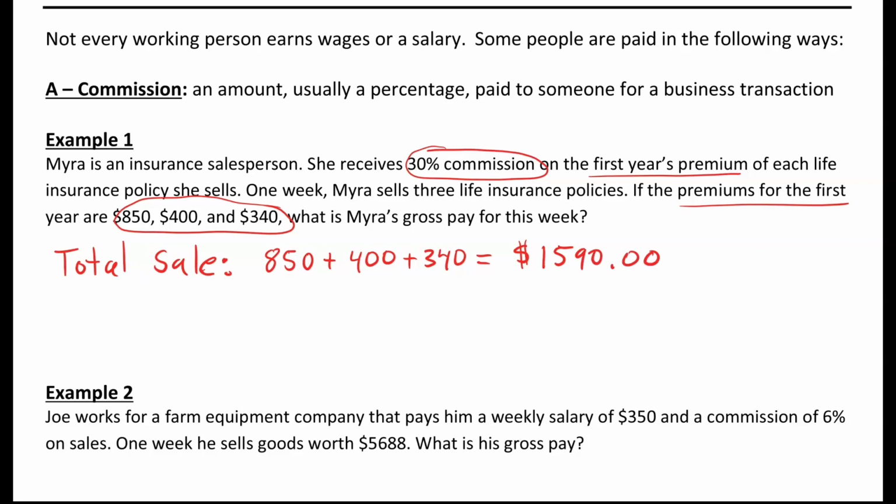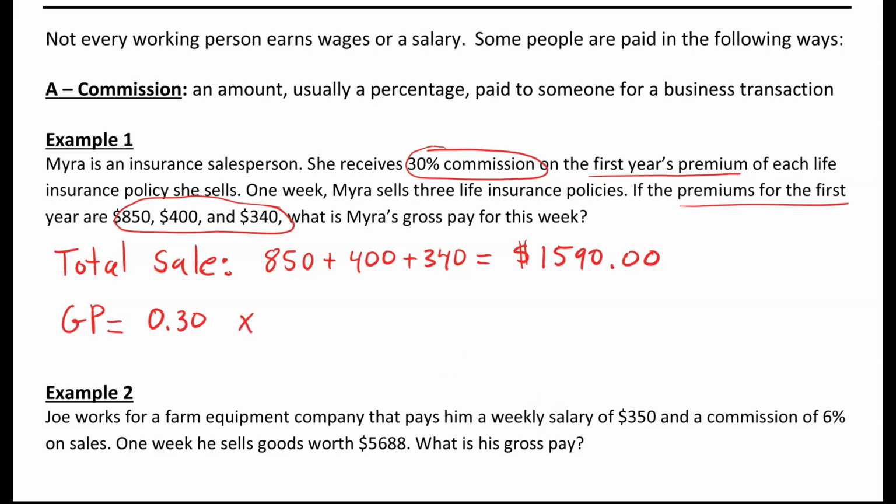The next thing that we need to do is calculate the gross pay based off of a 30% commission. So gross pay equals, now we're turning the percentage into a decimal, which would be 0.30. Remember, you're taking the 30% and dividing it by 100.